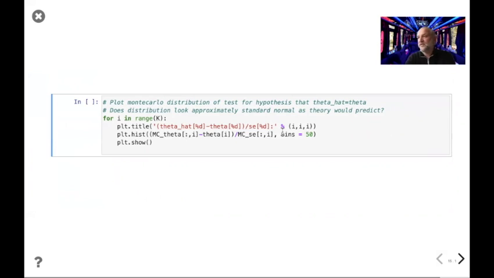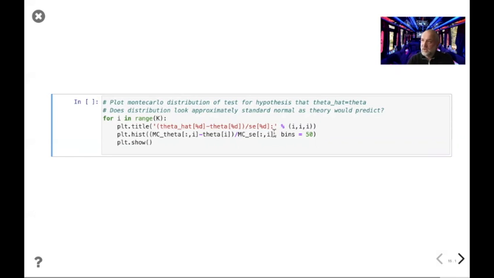What is that a t-statistic for? It's a t-statistic for the null that our estimator is equal to the true value, and then we divide by the standard error. Now under the null, that this is actually true, we know this is going to be standard normally distributed, at least as n goes to infinity.